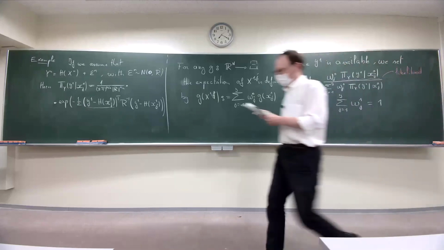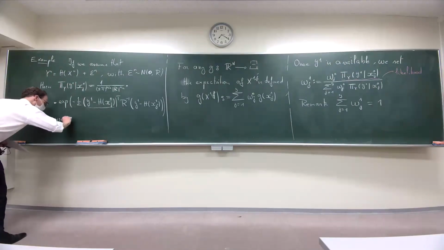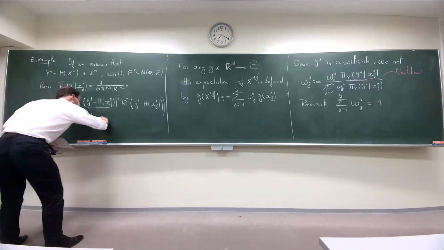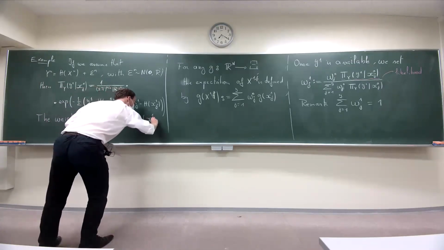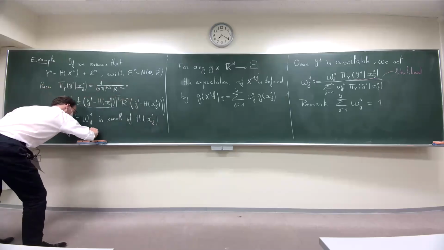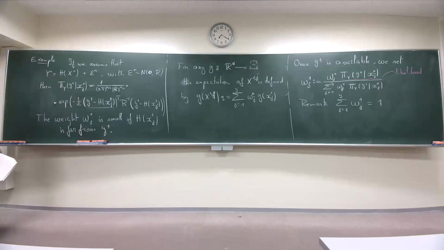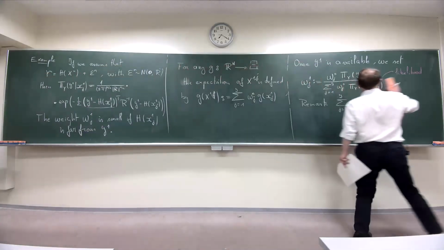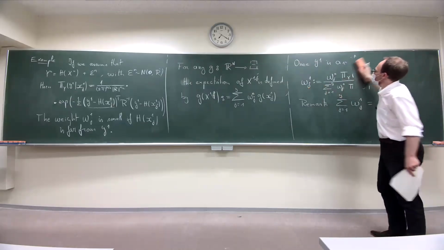So let me just say what I mentioned. The weight W1j is small if this h of x1j is far from the first observation. Right? And now I keep. So now we have computed these weights at time 1.